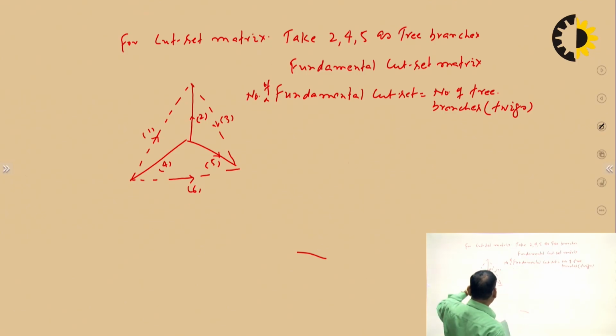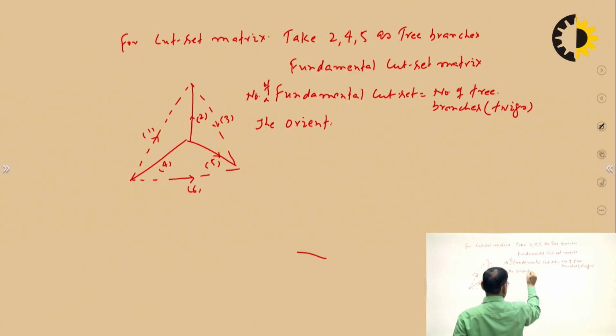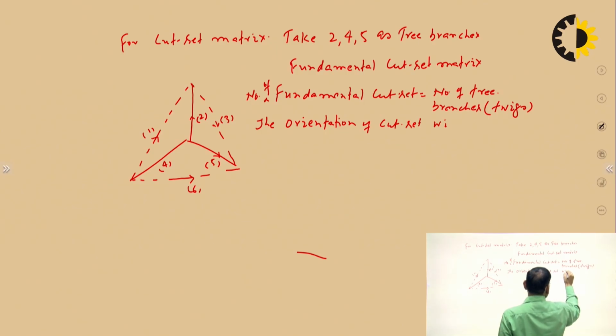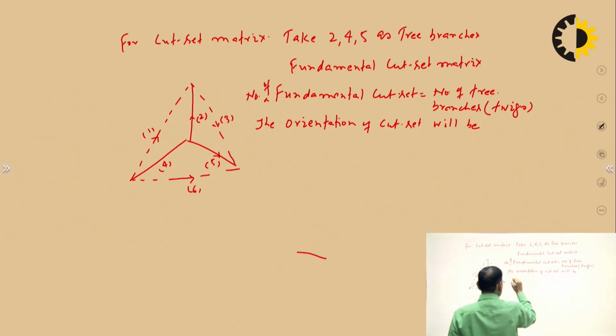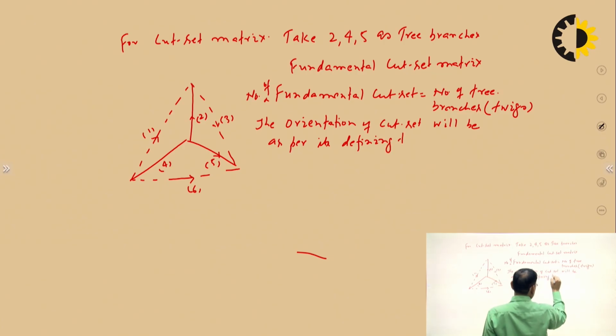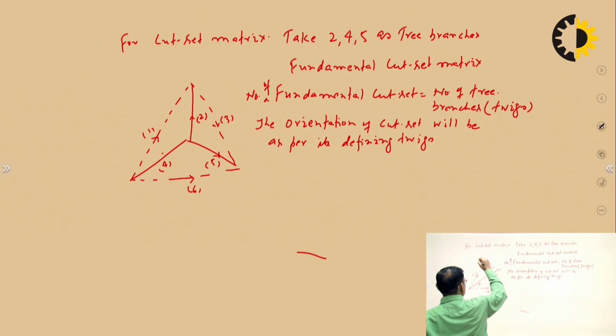So there will be 3 cut sets because there are 3 twigs, and the orientation of the cut set will be as per its defining twigs. So orientation of the twig will be like this.